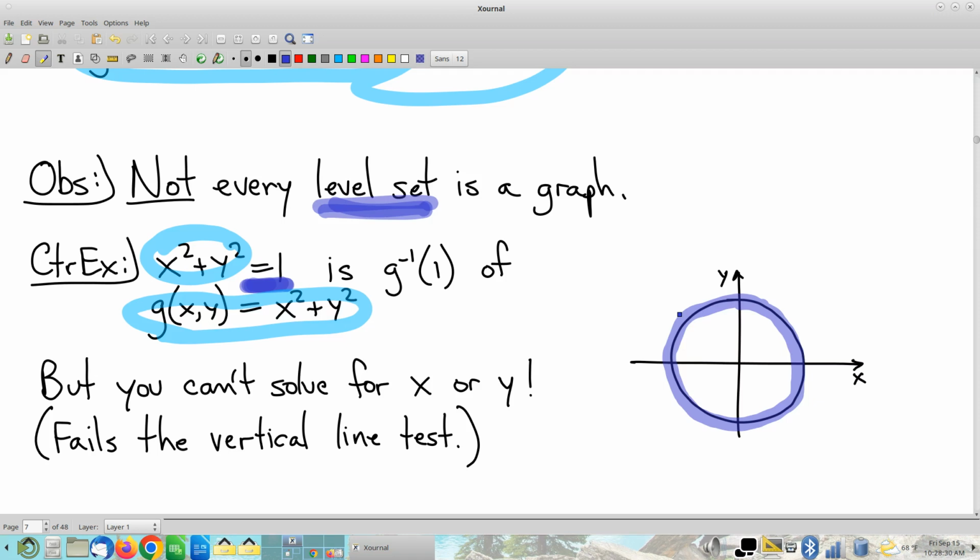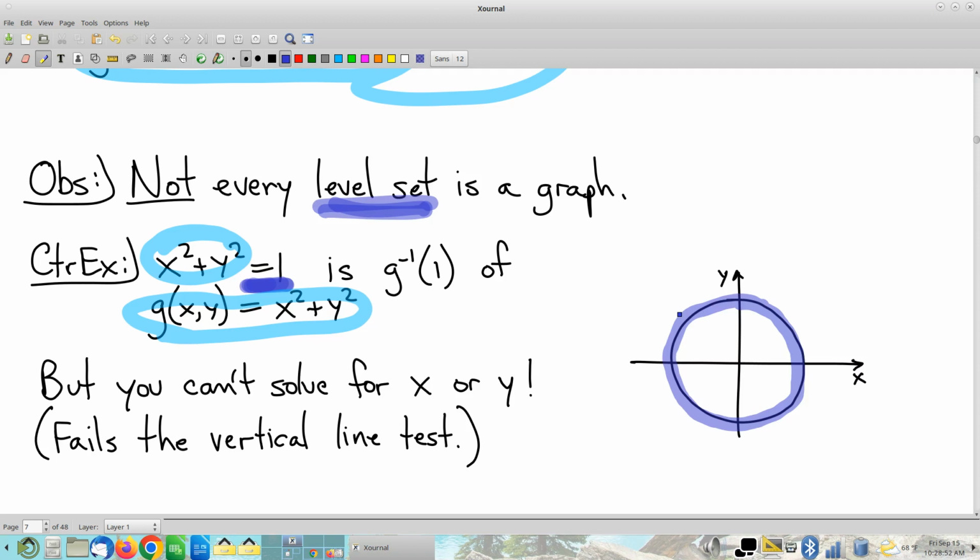So wouldn't it be nice? I mean, algebraically, one way to look at this is that if I were going to move things around, try to be clever and rewrite this as a graph, I would have to solve for either x or y, and I can't. Right? In the strict sense of the word.